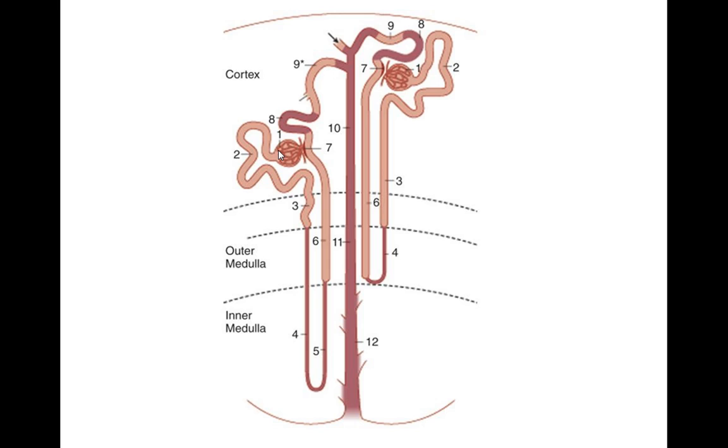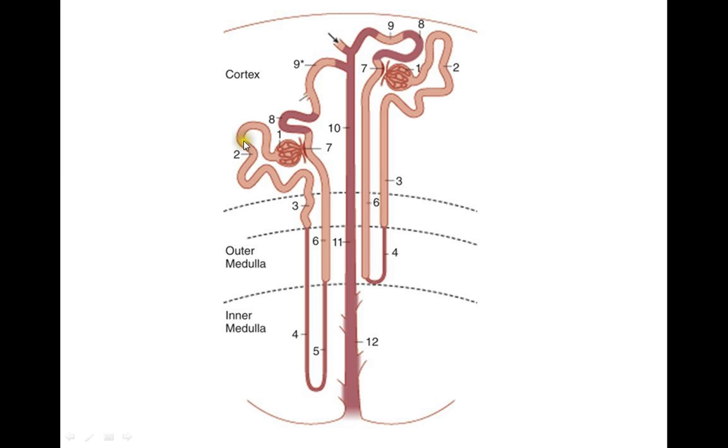Each part of this structure has a special name. In this slide, different parts of this tubular structure are shown by different numbers. Now I want to show them to you.